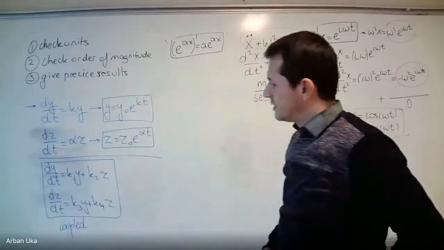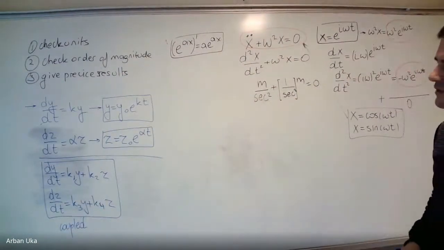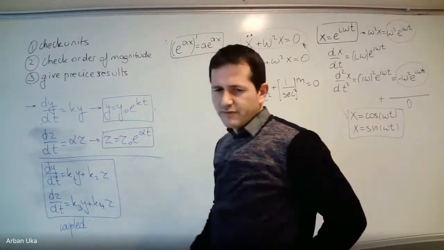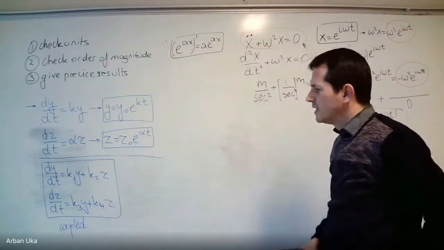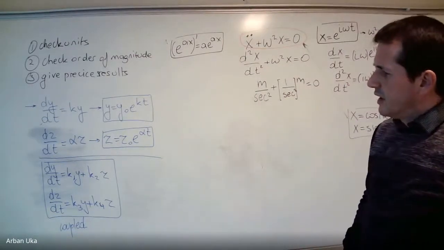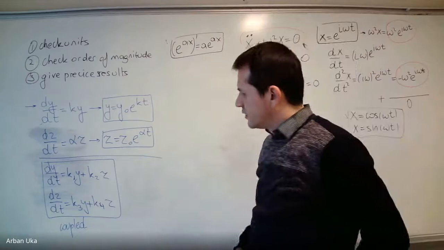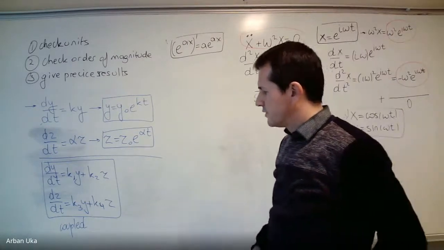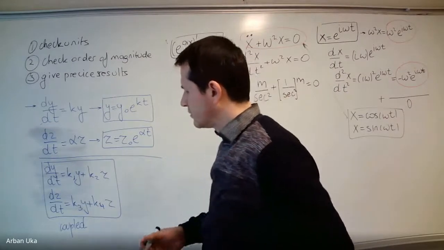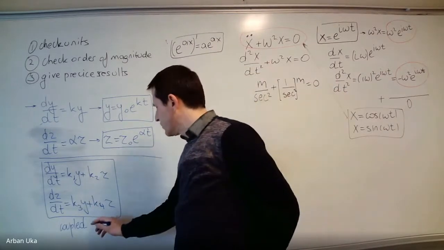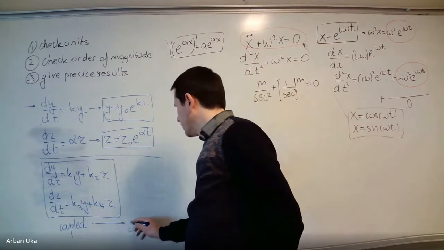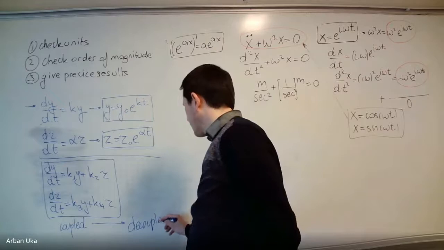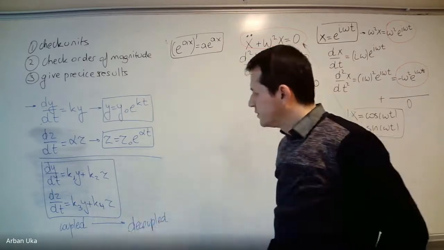What does coupled mean? Being coupled means that y is affected by z, so it changes z, and meanwhile z is immediately also affected by, depends also on y. And whenever we see a system like this, we immediately think about the properties that linear algebra can help us to solve different difficult problems. Now here we have a system which is coupled. We want to have a decoupled system. What does decoupled mean?